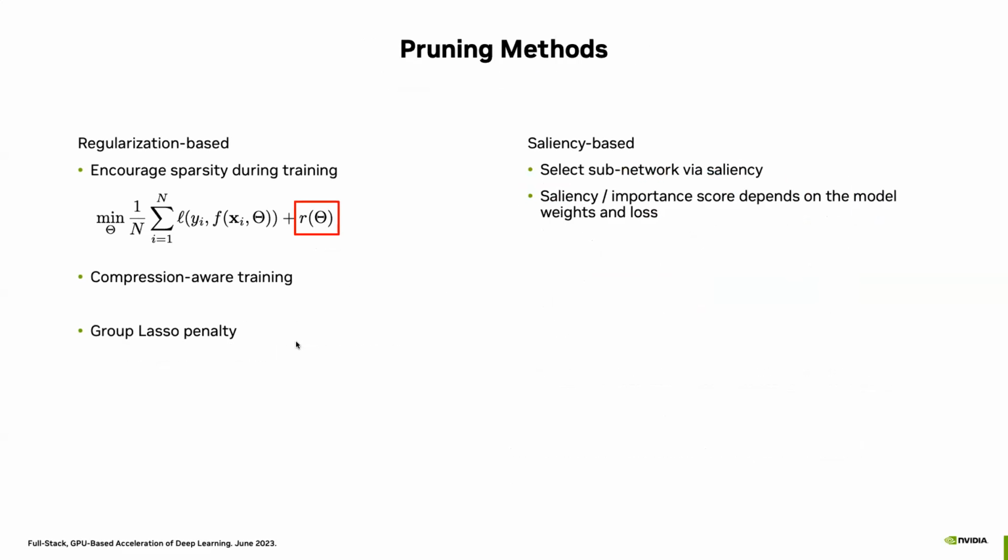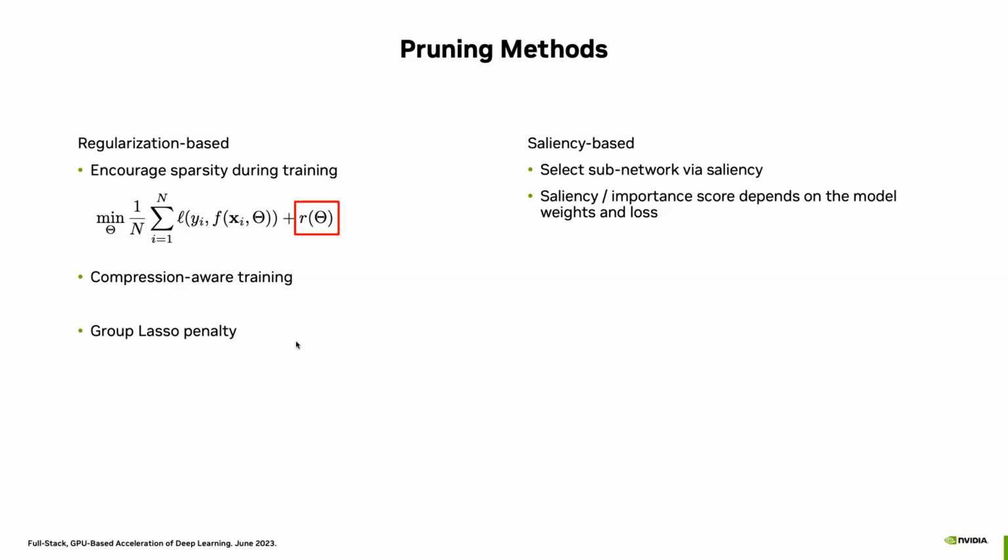Okay, let's move to the pruning algorithm. In the literature, the methods can be categorized into regularization-based methods and saliency-based methods. The regularization-based method typically encourages sparsity during the training process by using some regularization items, for example, the group lasso penalty.